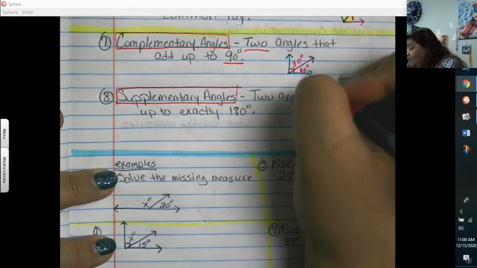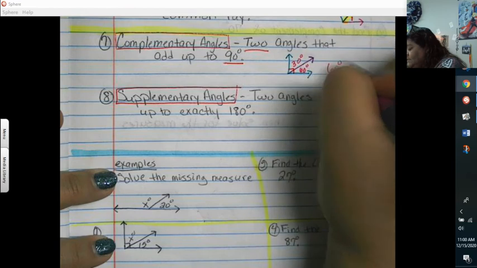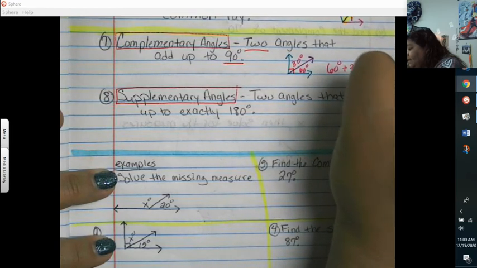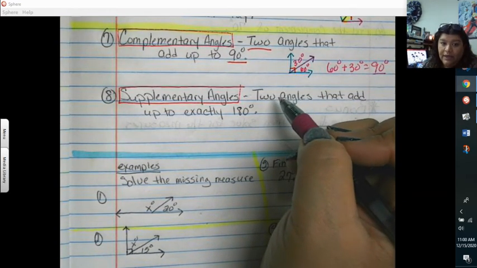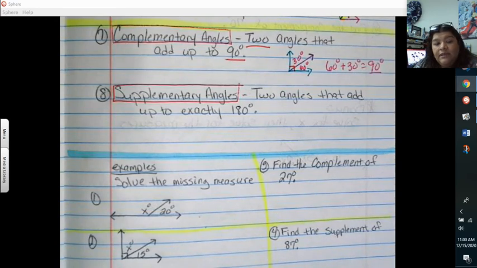So when you add them up, 60 degrees plus 30 degrees, you get that 90 degrees. So these 2 angles are complementary angles. So anytime you see the word complementary or complement, that means that your total is 90.